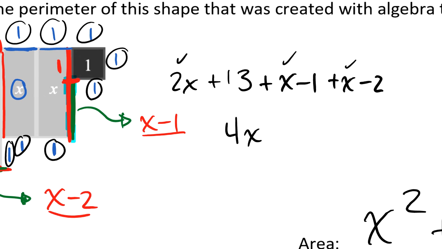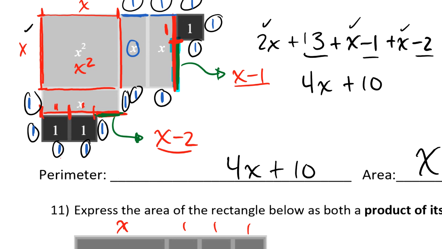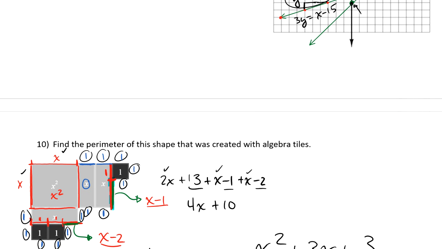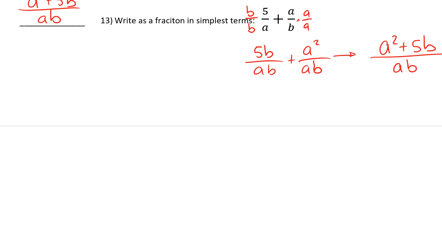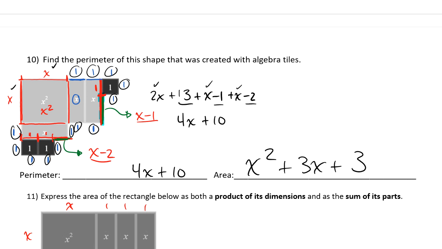And then I've got 13 minus 1, 2, 3. 13 minus 3 is 10. So the perimeter of this is 4 x lengths plus 10 unit lengths. And again, the area of that was x squared plus 3x, and then plus 3.